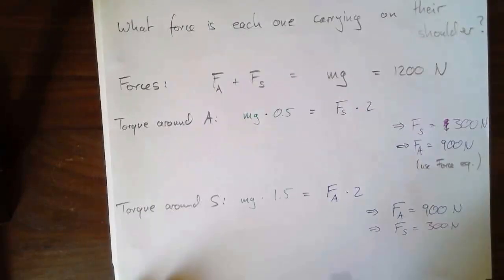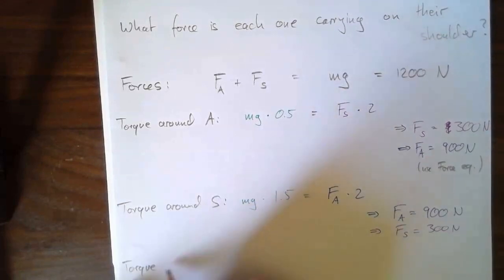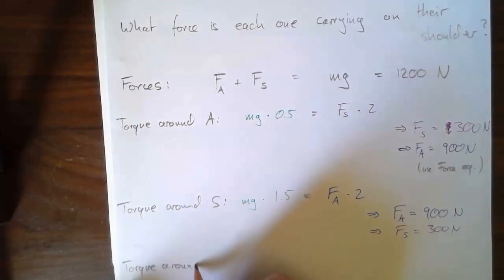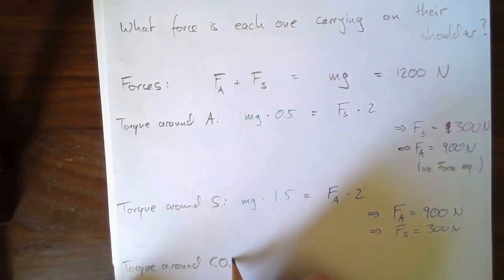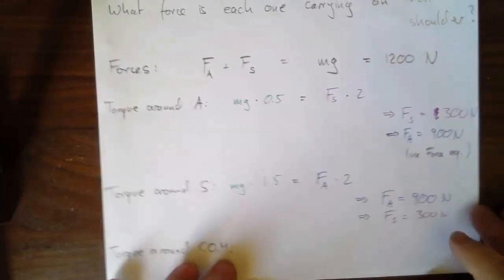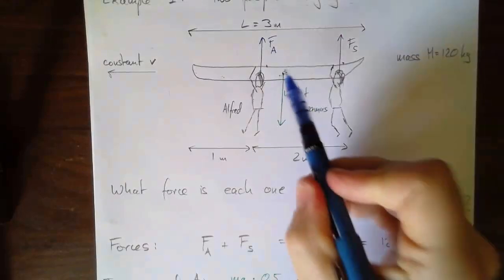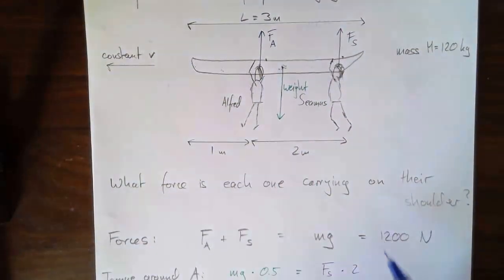So let's say this. So torque around the center of mass, the COM. It's a fairly common abbreviation. Well, on the left-hand side, I have Alfred. So Alfred is 0.5 meters from our hypothetical pivot.